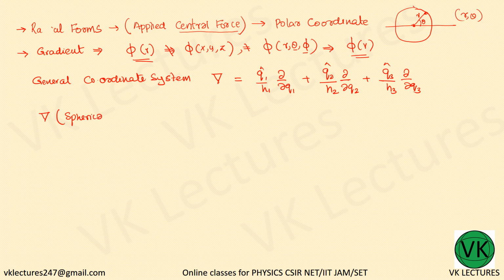This becomes r cap by 1, because the metric element h1 is 1, dou by dou r, plus theta cap by r dou by dou theta, plus phi cap by r sin theta dou by dou phi.